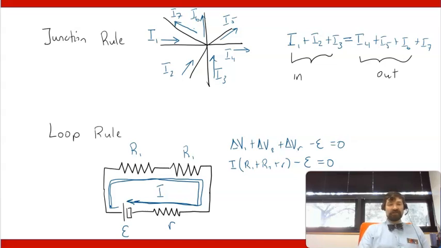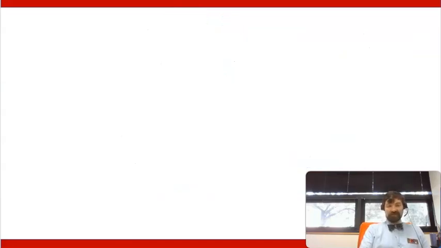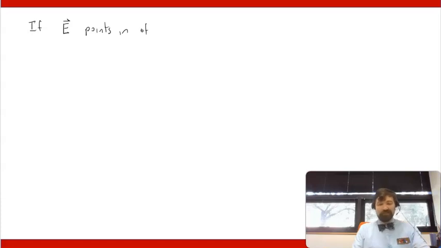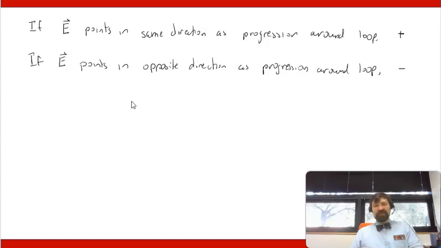And the consistent convention is: if the electric field points in the same direction as we're progressing around the loop, then we treat the element as positive. If the electric field points in the opposite direction as progression around the loop, then that element can be treated as negative.